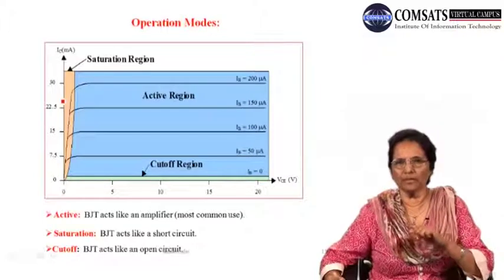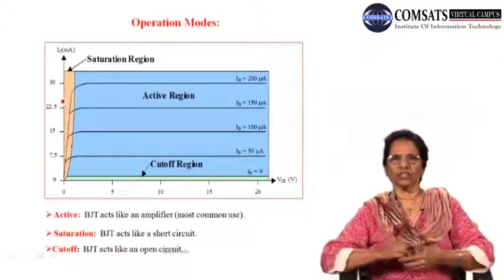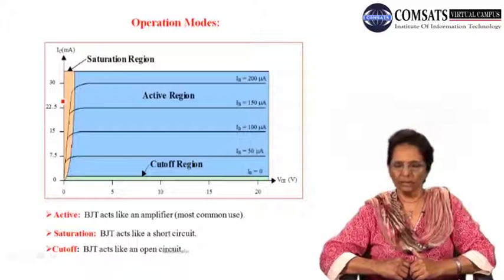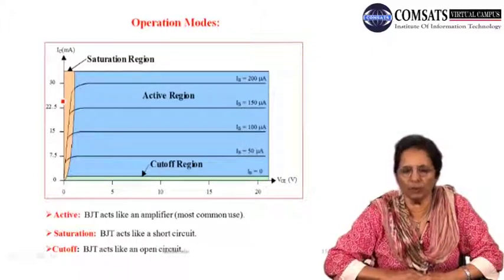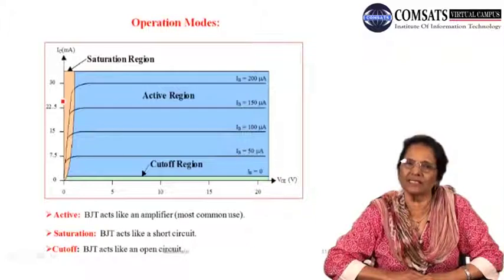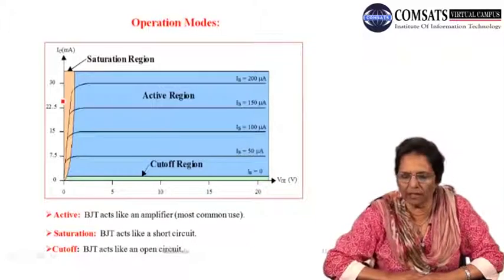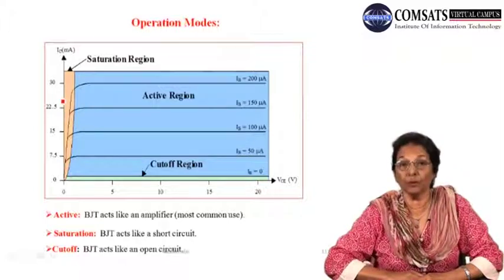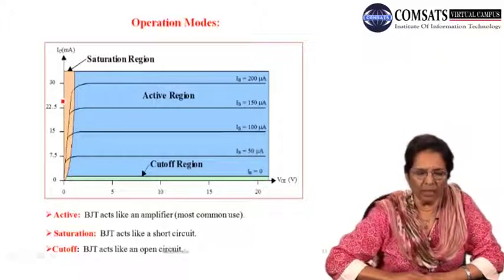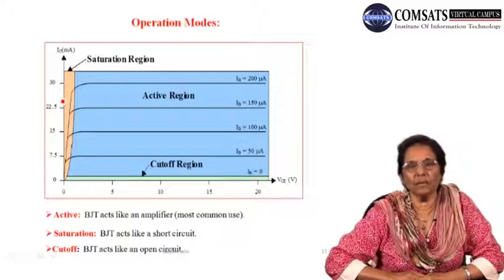Look at this slide number 11, which I shall use as a reference slide throughout my lecture today. Look at the values. The input in this common emitter configuration, let's say, is of the order of 100 microampere base current, and we get approximately 15 milliampere output current.